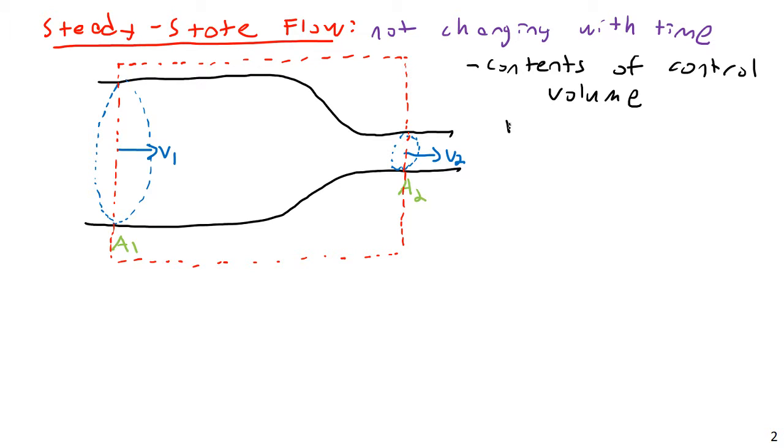In other words, our rate of change of energy, our rate of change of mass, our rate of change of volume, or our rate of change of momentum, all of these are equal to 0 within the control volume.